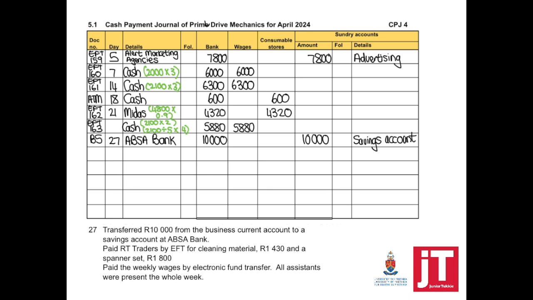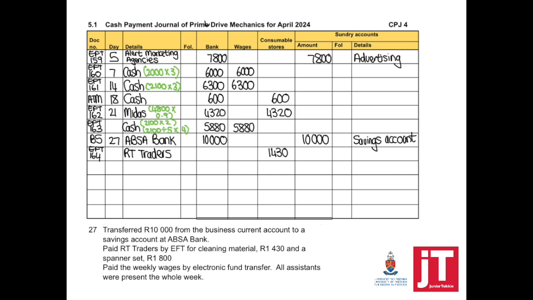On the same day, paid RD Traders by EFT for cleaning materials and a spanner set. 2 different items, same supplier. So it means that we start with EFT and the source document number. Who did we pay? RD Traders. For what?